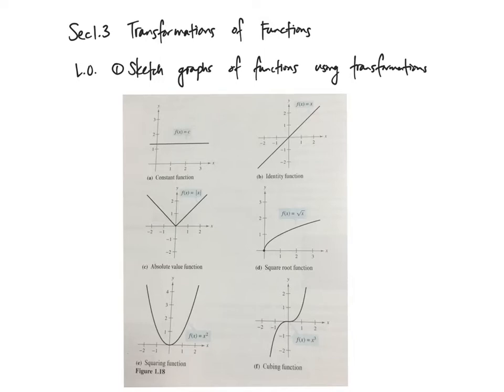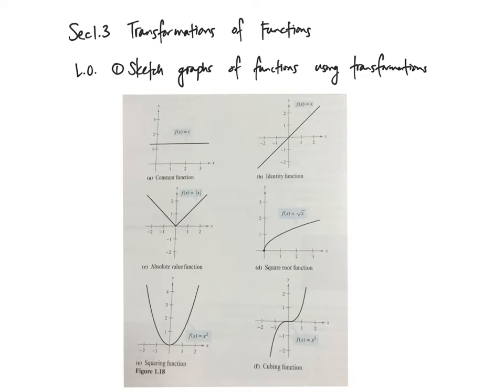Now this section breaks down the different types of transformations as follows. On page 99 they talk about vertical and horizontal shifts. Those are what we call rigid transformations because you move the graph without changing the size or shape of the graph. Then they go on to talk about reflections.